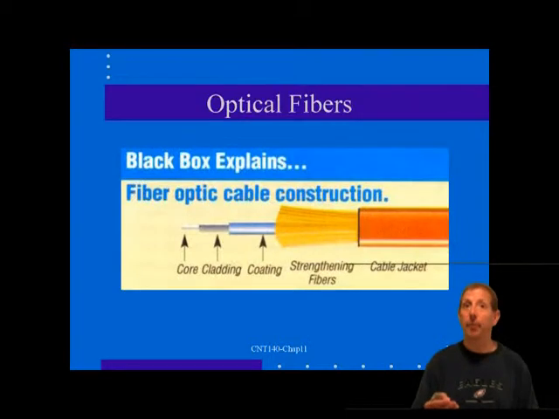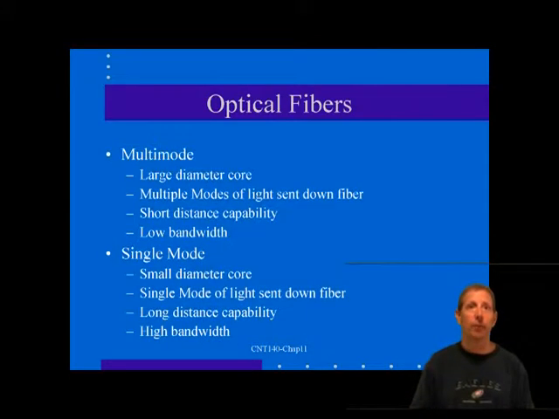The buffer and the primary coating are removed by a stripping tool in preparation for termination of a strand. The cladding, on the other hand, is an integral part of the fiber strand and cannot be removed.